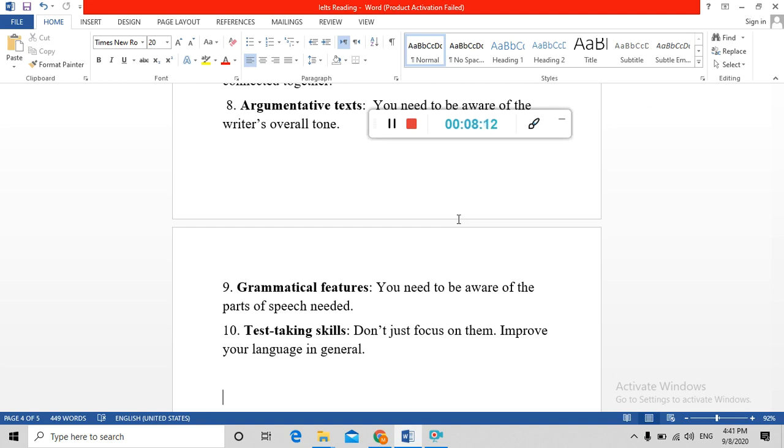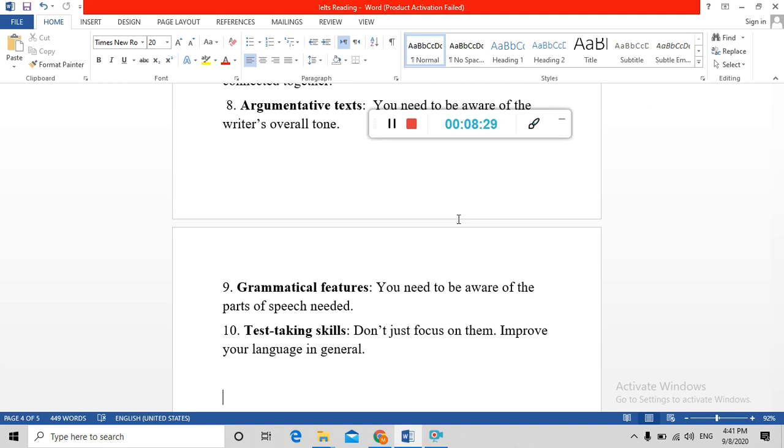You can't sit the IELTS test and get a high band score if you are not well prepared, if your level in English is not good.